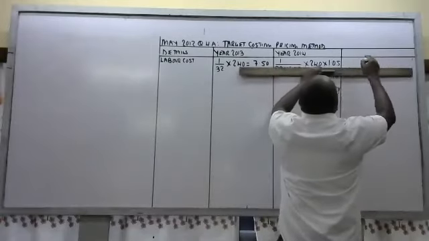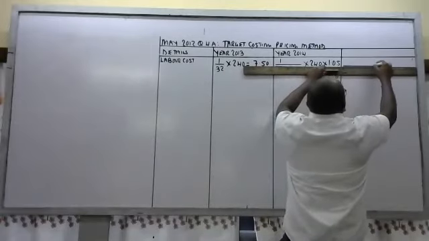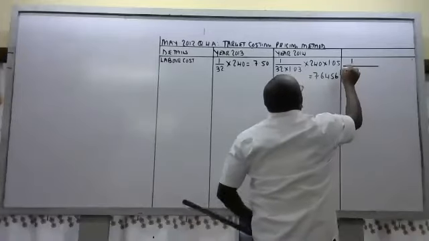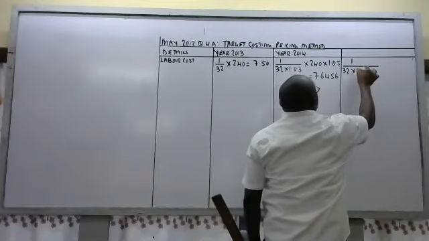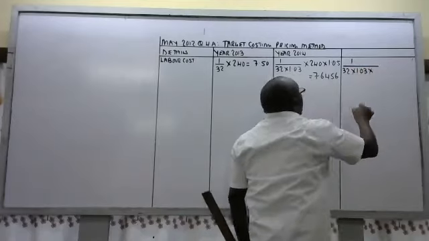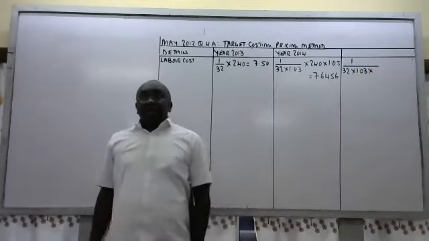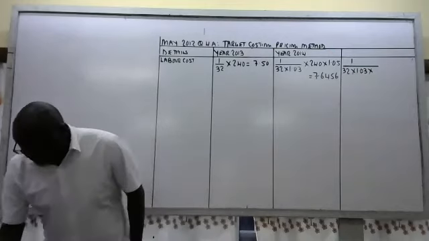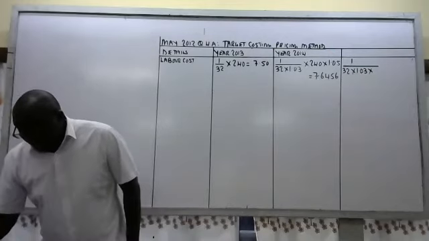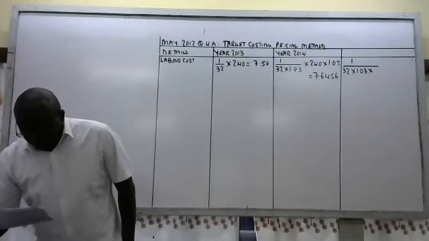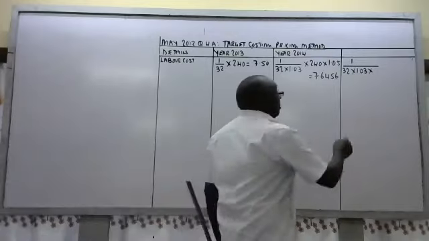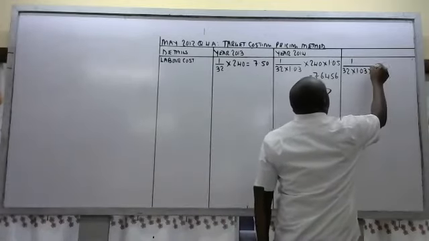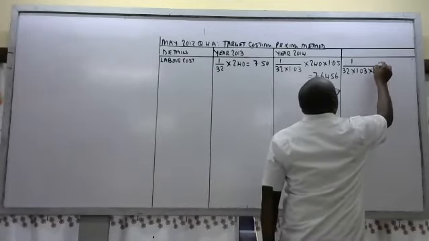When we come to the next year, it is 1 out of that 2 times 1.03 times, in the next year, we are increasing by 2%, so multiply by 1.02.